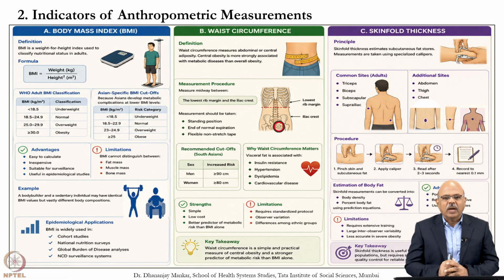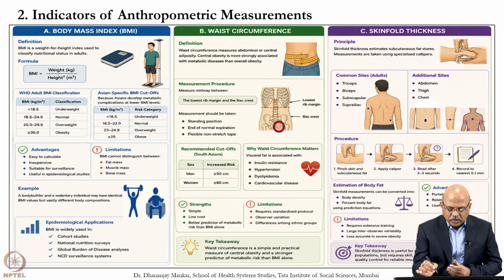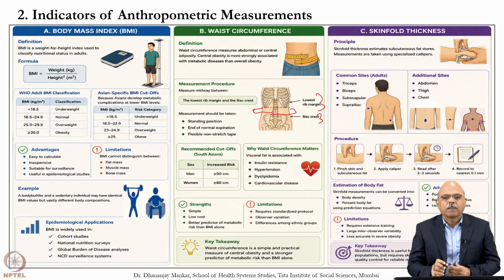The person should be at the end of normal expiration, when you have finished the expiration, and use a flexible non-stretch tape. It is indicated in the picture that here it is the lowest rib margin and the iliac crest. So here you have to take the measurement, it should be fitting and it should come over here.